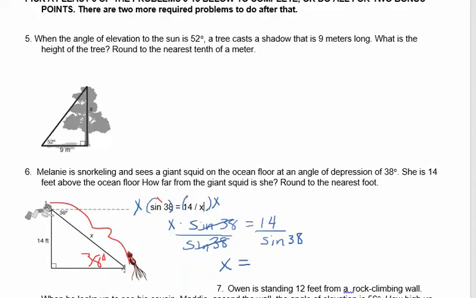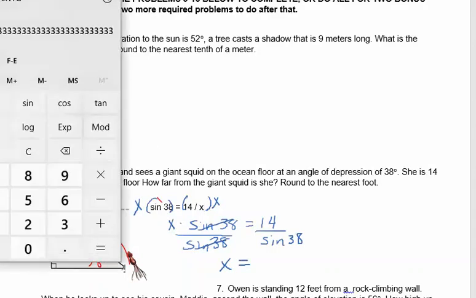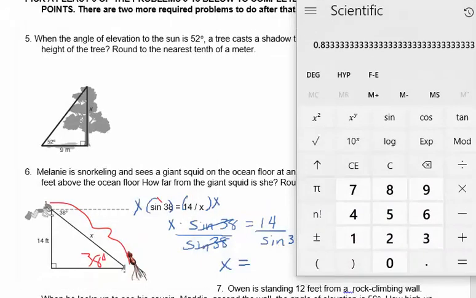Now you get your calculator out and type in 14 divided by, using parentheses, the sine of 38. Your calculator might do it in a slightly different order. Then I hit the equal sign. Don't forget to hit the equal sign.